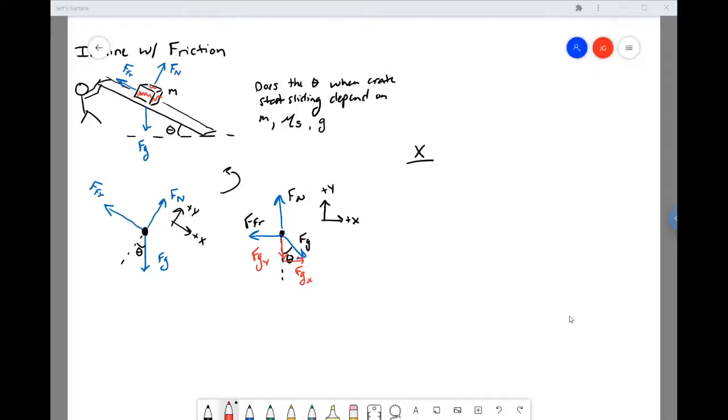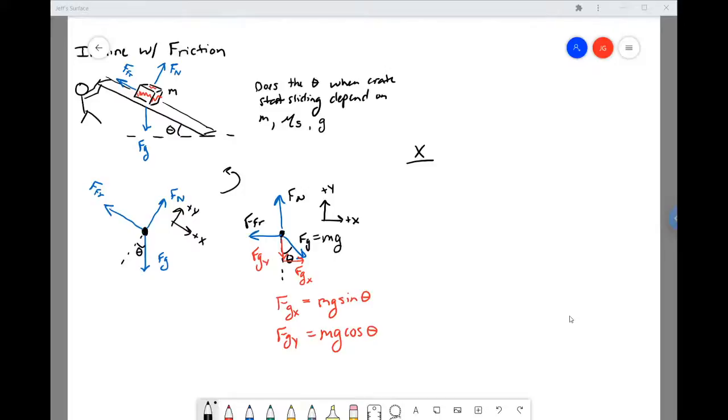Using trigonometry, the x component of gravity is the total force of gravity, which is weight, m times g, times the sine of the angle of incline. And F_gy is mg cosine of the angle of incline. So we saw that last time.